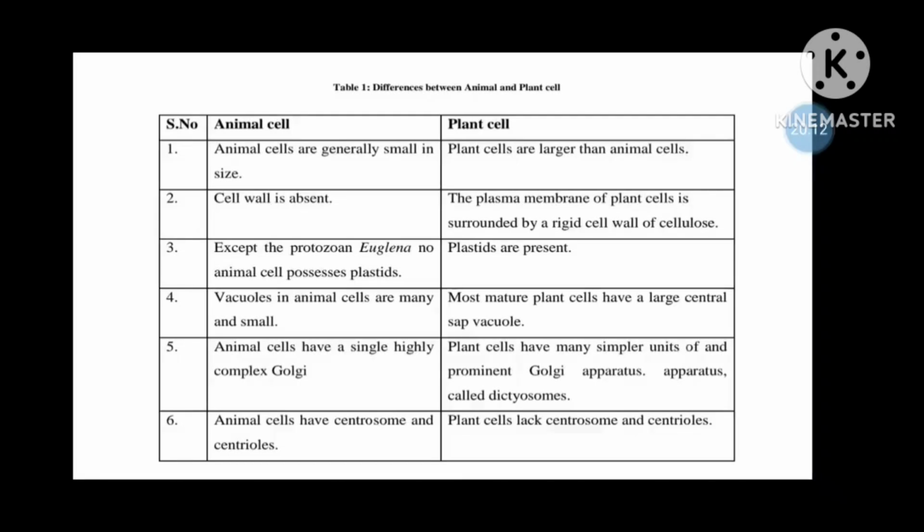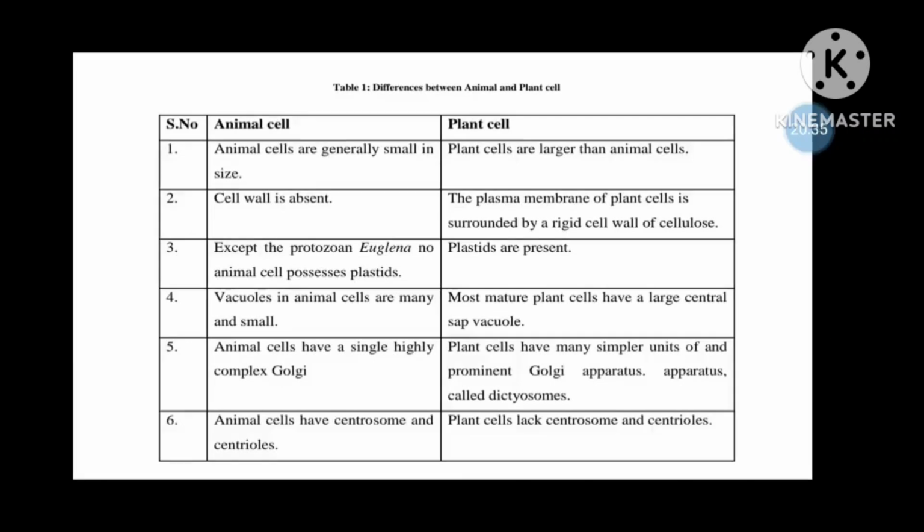Except for the protozoan Euglena, no animal cell possesses plastids. Euglena is an exception which possesses plastids. Except Euglena, no other animal has plastids. But all plant cells have plastids.